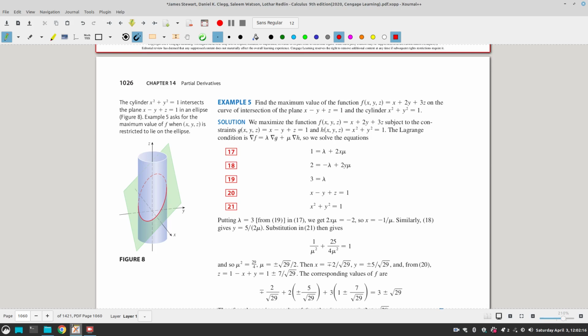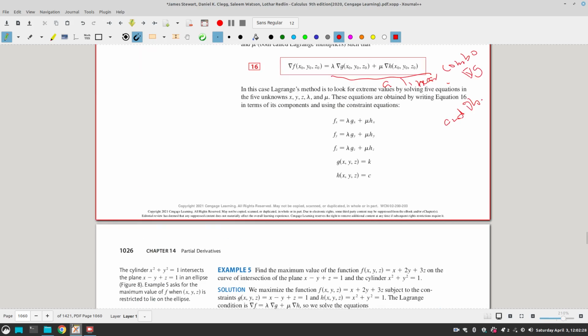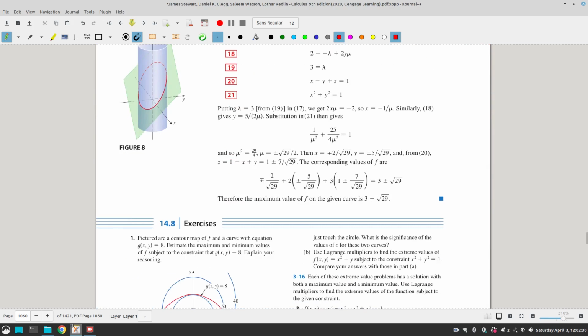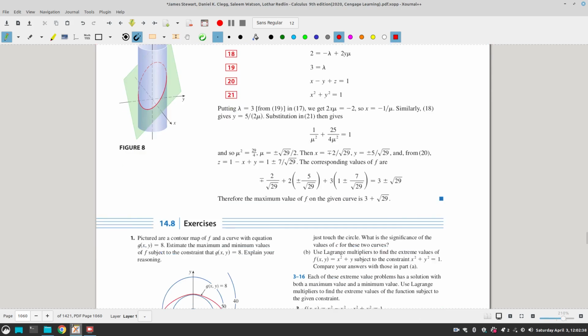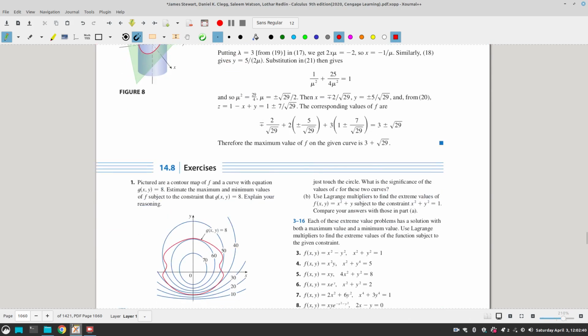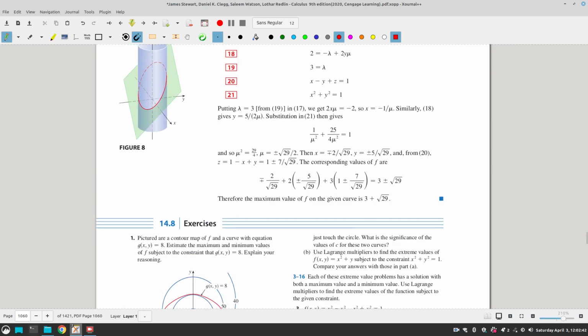So you find the curve of intersection of these two, and you have these two constraints, and you want to set up these equations to find the maximum value of the function f. Okay, so you go through this example yourself, right? Please ask me during consultation if you're still confused.